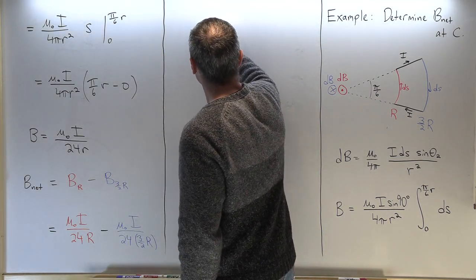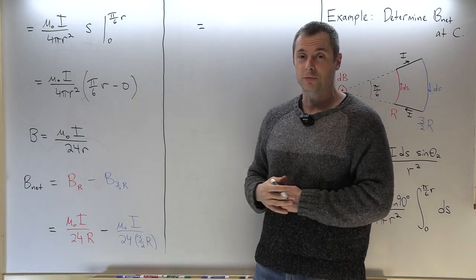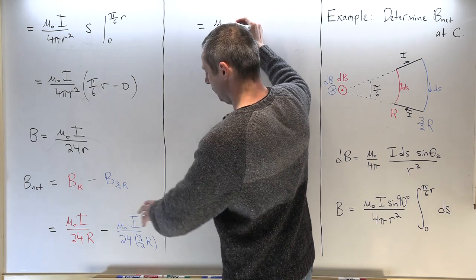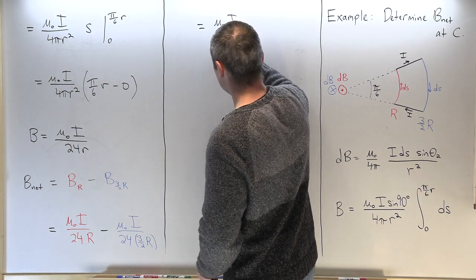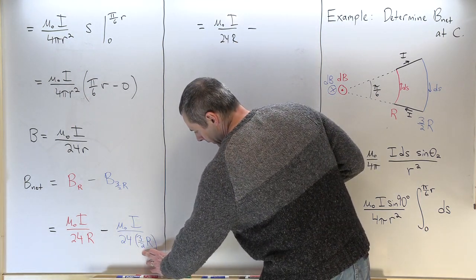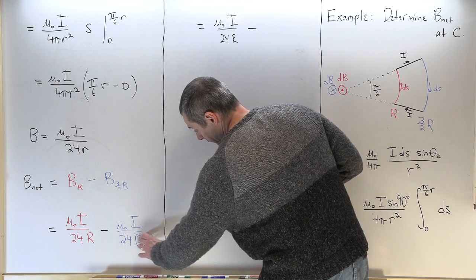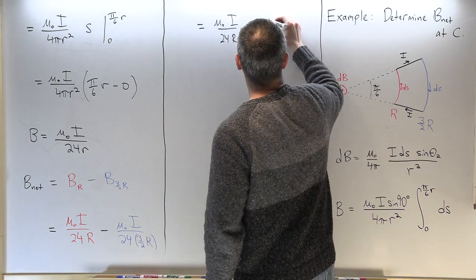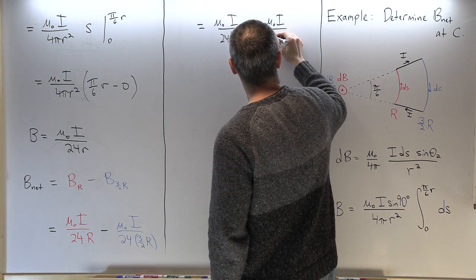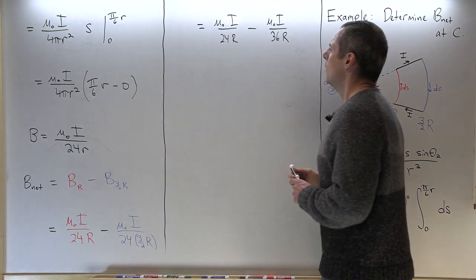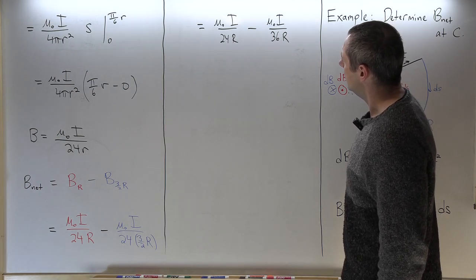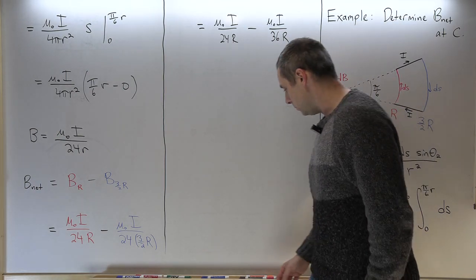So, I need to create a pause to allow you to catch up if you need to. Okay, so let me just simplify this second term. This would be 24 over 3 over 2, which is 12 times 3, is 36. So what I could do is find a common denominator, and so let's see, 72 will work.